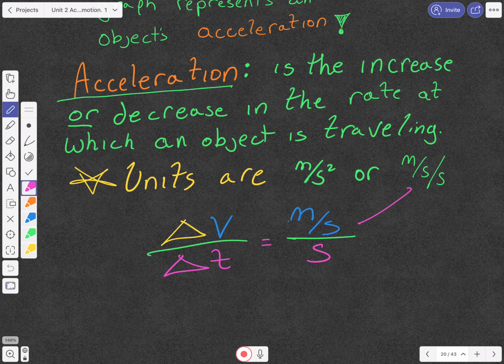And so that's how we get the meters per second. And if you divide this value by seconds, it can be simplified down to this formula, or units rather.